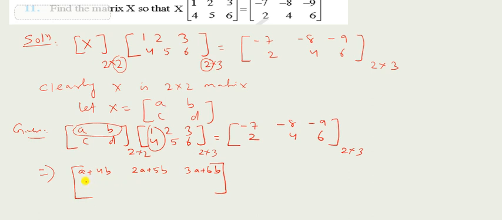Then let us come to the second row. Second row, first column is C plus 4D, then 2C plus 5D, and 3C plus 6D. It is equal to [-7, -8, -9; 2, 4, 6].